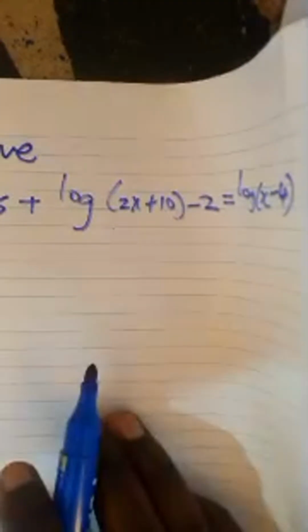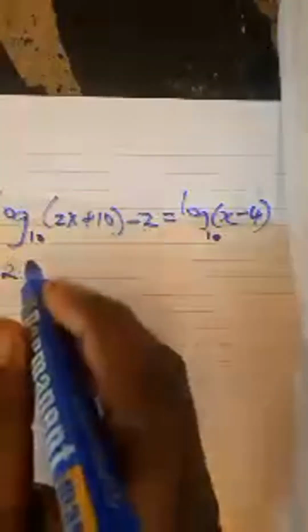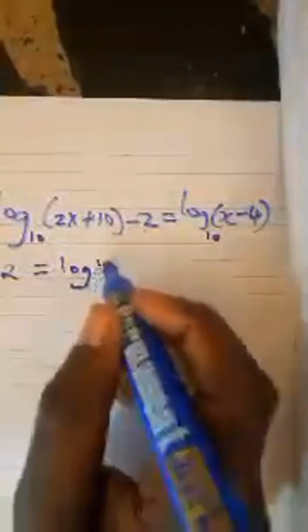So I can decide to collect like terms, or before that, the bases are not given, so it is up to base 10. So how do I write the value of 2 to base 10? 2 can be written as log 100 base 10.